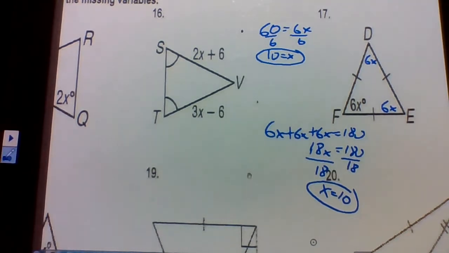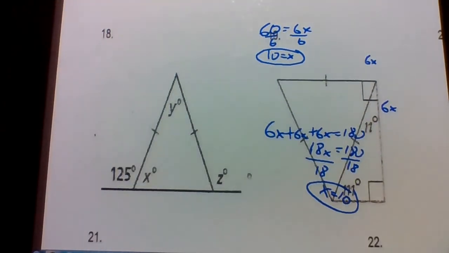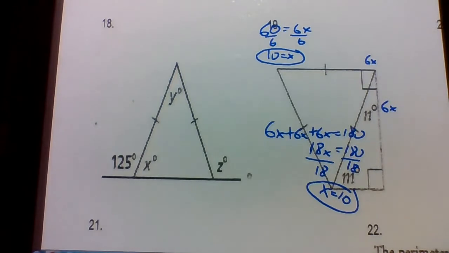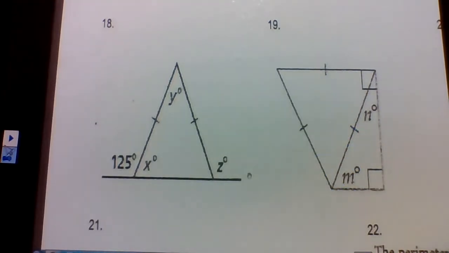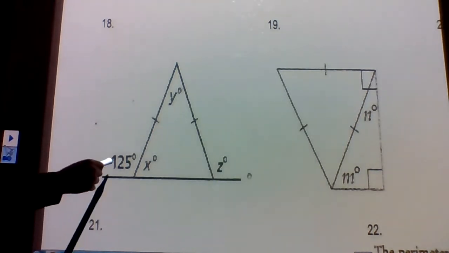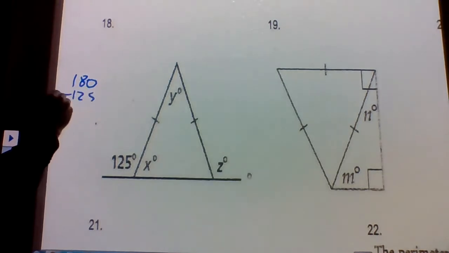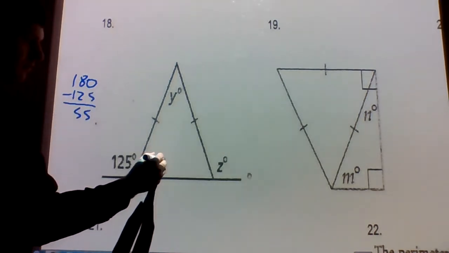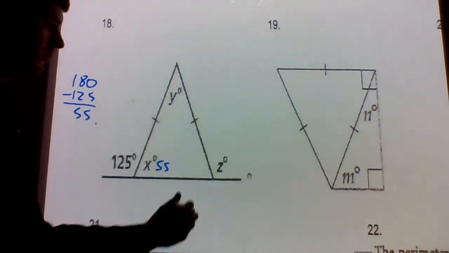18 and 19. We have a linear pair. So 180 minus 125 is 55. Okay, we have an isosceles triangle. So this one's also going to be 55.